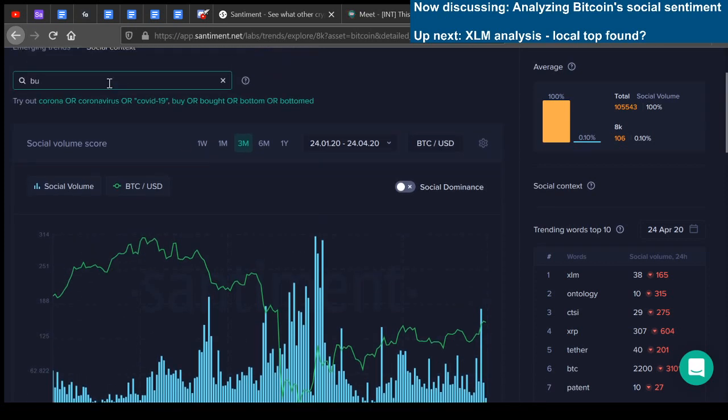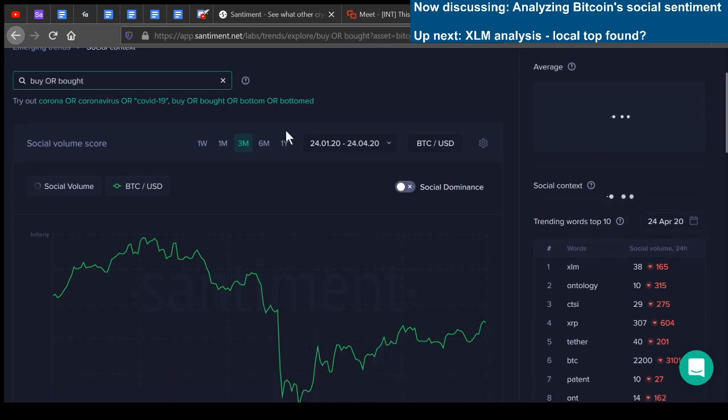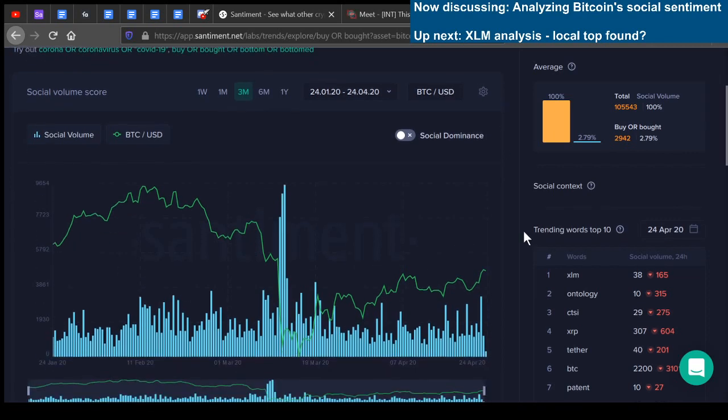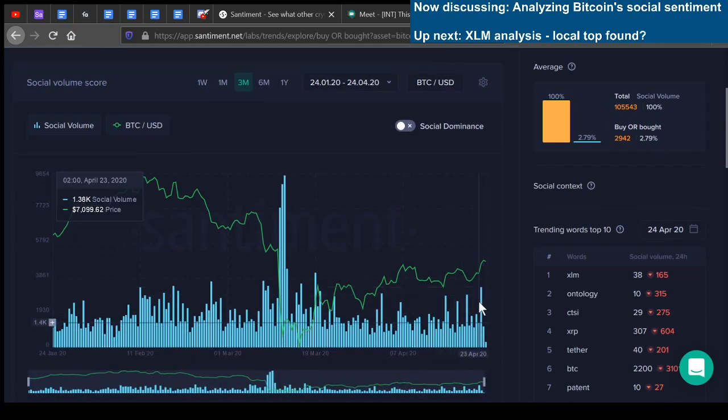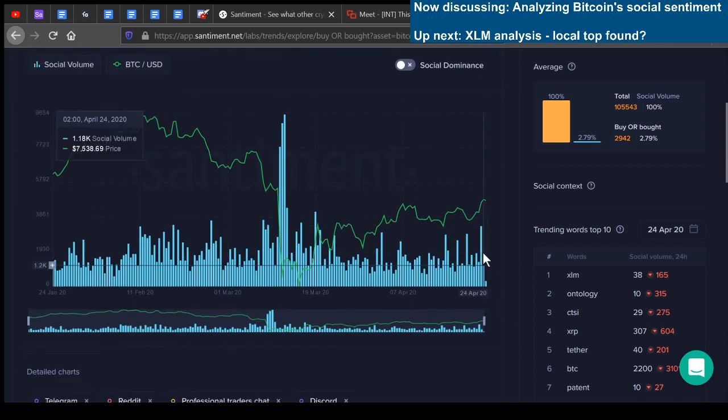Similarly, if we take a look at a few basic bullish keywords like buy or bought, we can also see a growing number of these keywords on crypto specific social media channels. There were almost 4,000 mentions of buy or bought on crypto social media on April 23rd, yesterday.